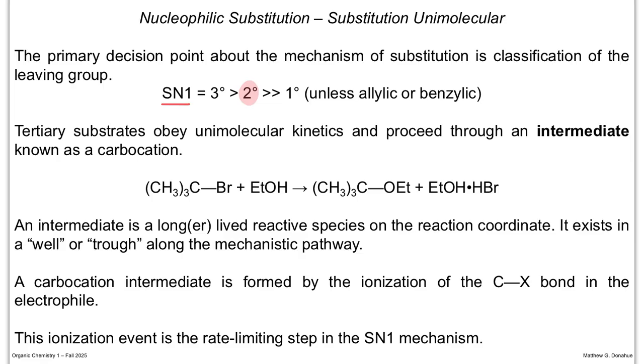So the model reaction that we're going to look at is shown, and you may have already done this in lab a month ago. I do not know. You're probably wondering then, what is this useful for? So we're going to take tert-butyl bromide. So that's this thing right here. That's a tertiary bromide. And we're going to react it with ethanol.